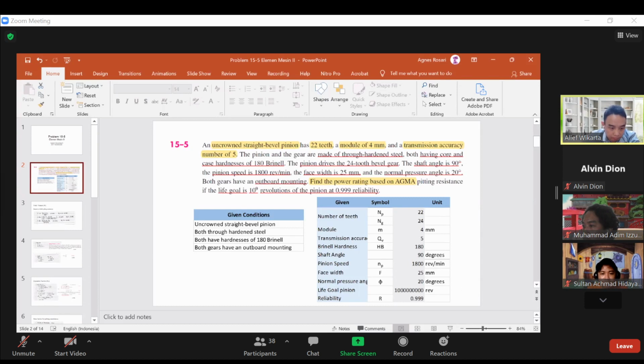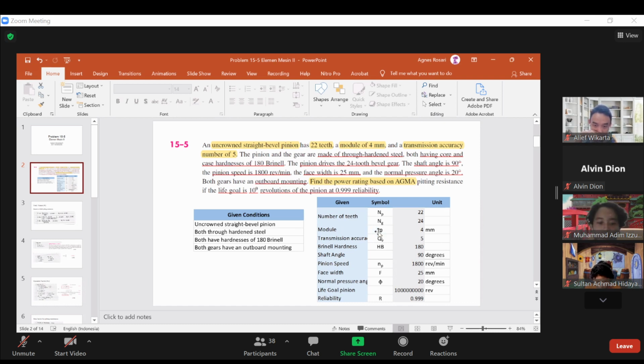Okay, so the question here: we are given an uncrowned straight bevel pinion which has 22 teeth, and the gear has 24 teeth.